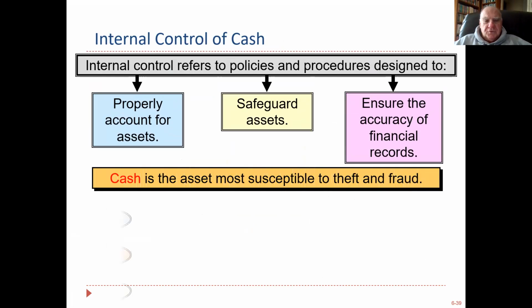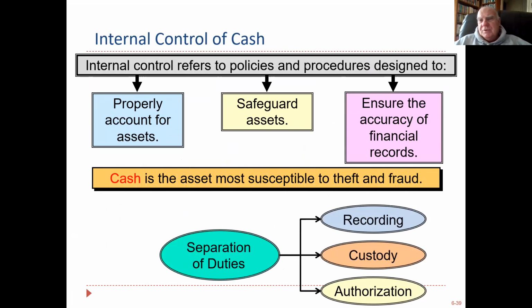And you must have good internal controls. We talk a little bit about internal control, right? You protect your assets. And you want to do everything you can to protect the most stealable asset, which is your cash. And you have to safeguard it with certain procedures. Cash is the asset most susceptible to theft and fraud.